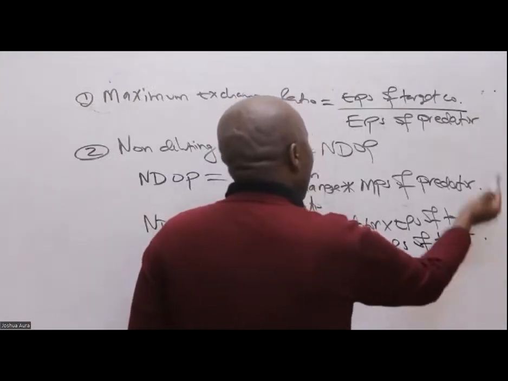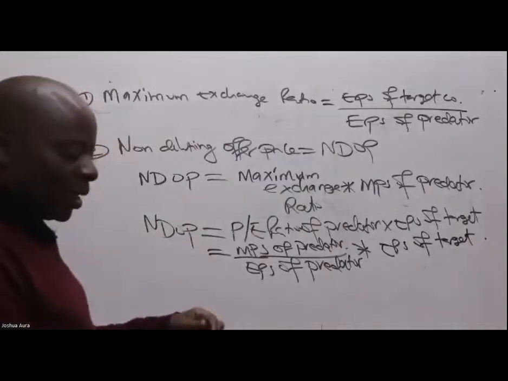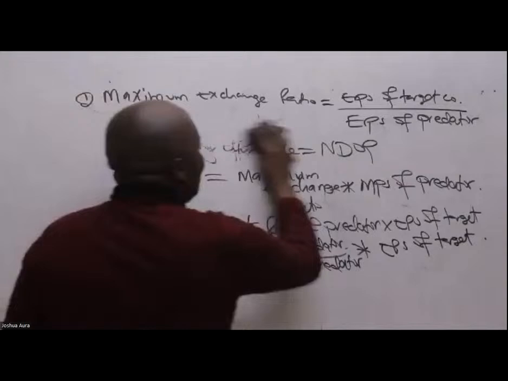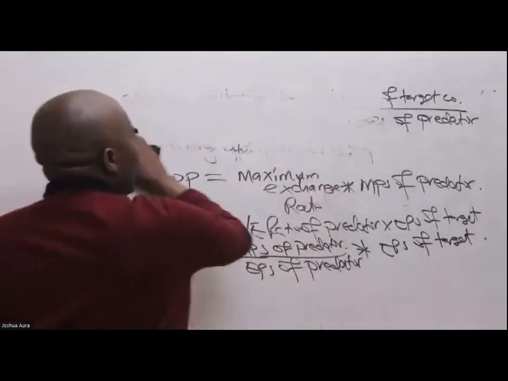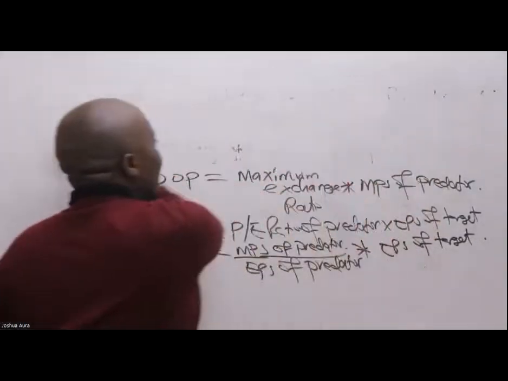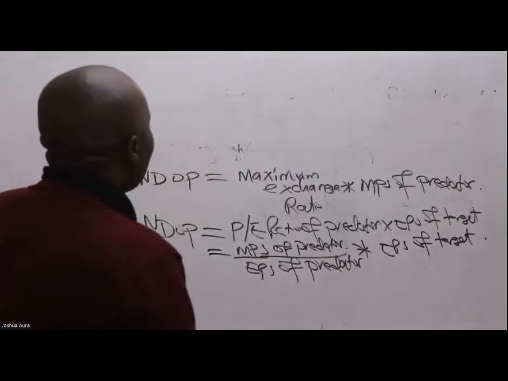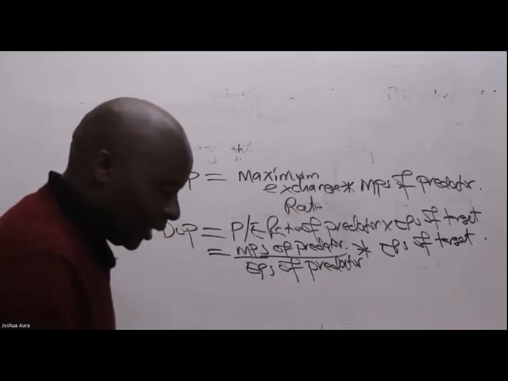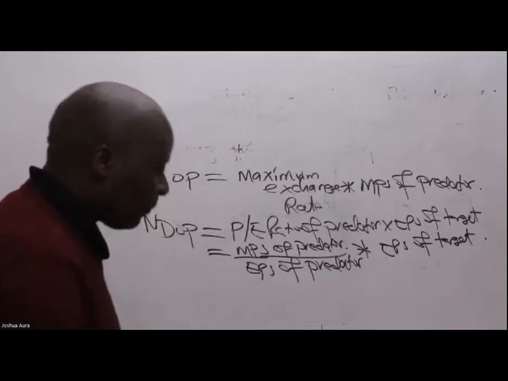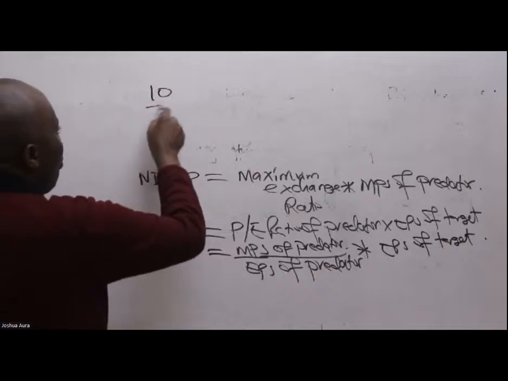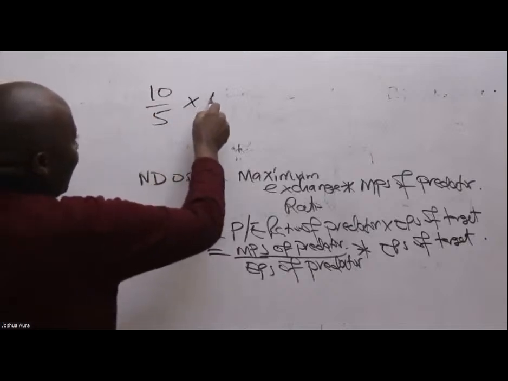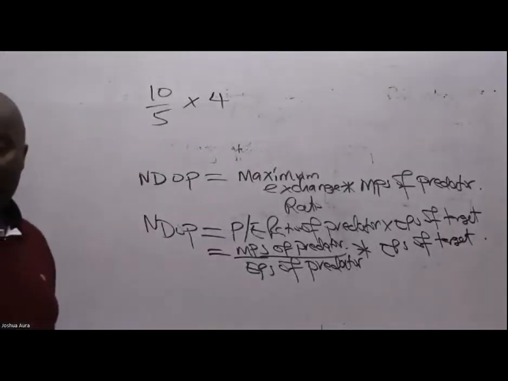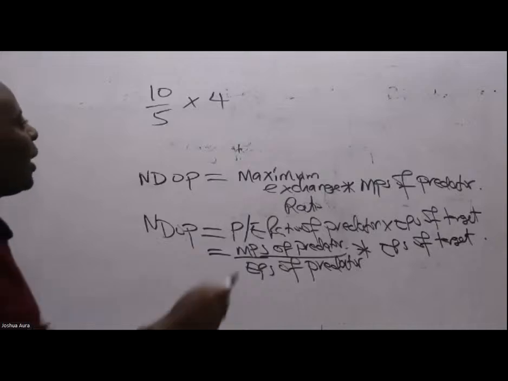And then you remember very well in our last class what we said, you and I, is that mathematically, if somebody gives you, for example, 10 over 5 times 4, this equals 8.